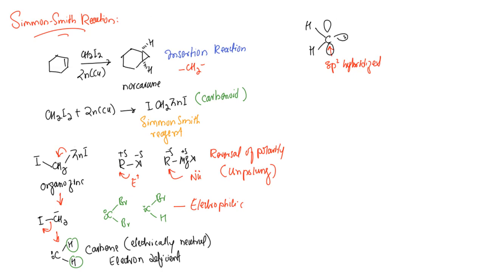So this is the unhybridized p orbital, and the lone pair of electrons is present in one of the sp2 hybridized orbitals. So as a whole, the geometry is sp2 hybridized.